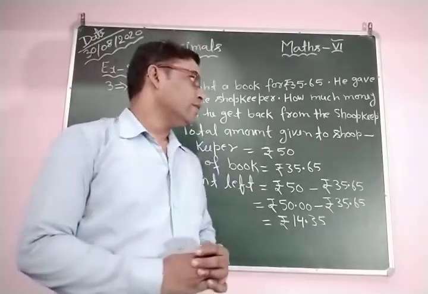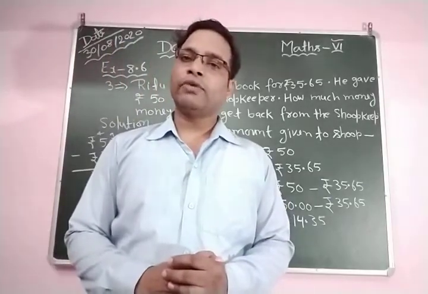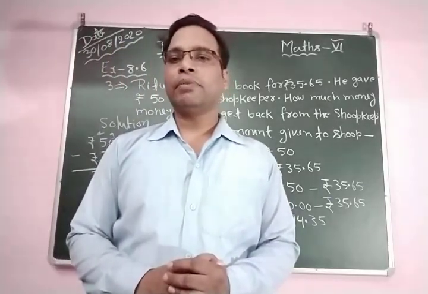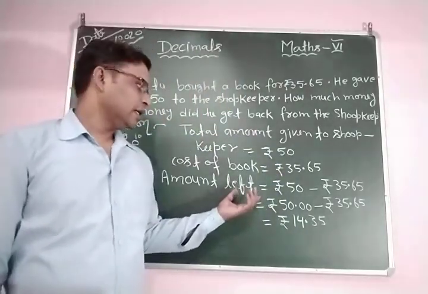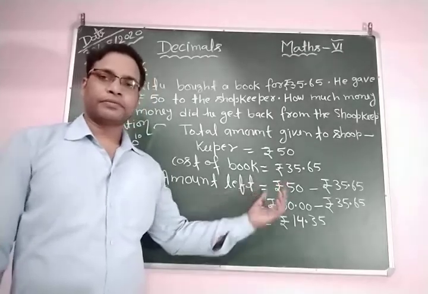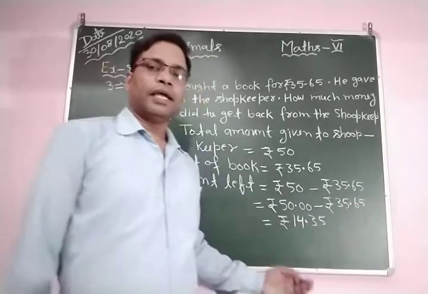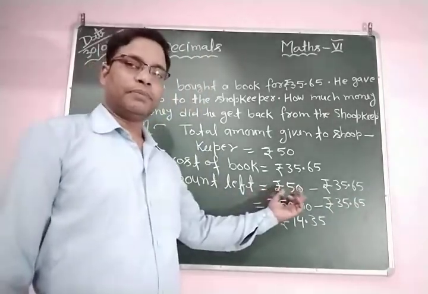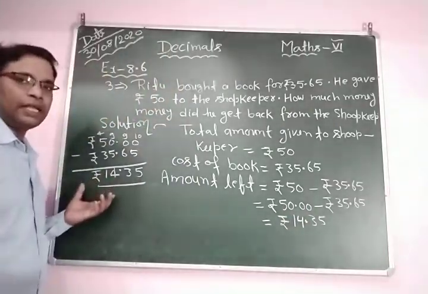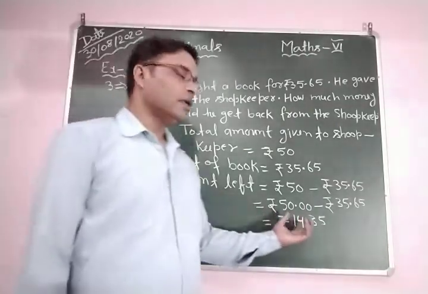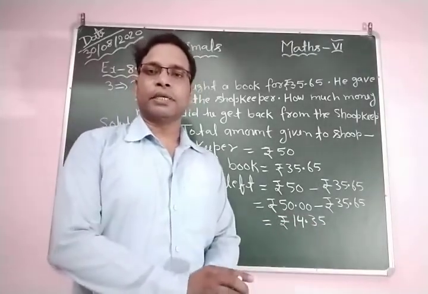For this we subtract the cost of the book from 50 rupees. Then we obtain the money returned by the shopkeeper to Ritu. So you can see here we subtract the cost of the book, 35.65, from 50 rupees. In this way you use the column method, and we obtain 14.35 rupees, the amount returned by the shopkeeper.